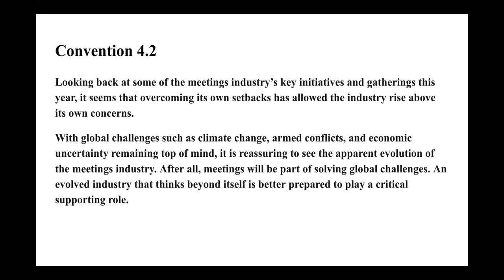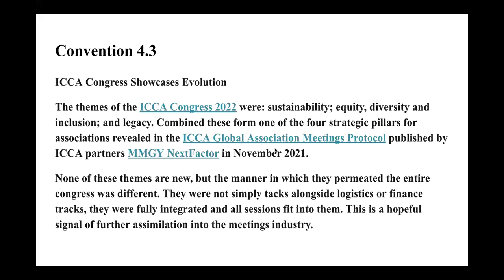When it comes to telecommunication or meeting in a different or distance way, we need to see how we can come up with or prepare for this together. This is that evolution. ICCA Congress: we have to look at a variety of aspects here.